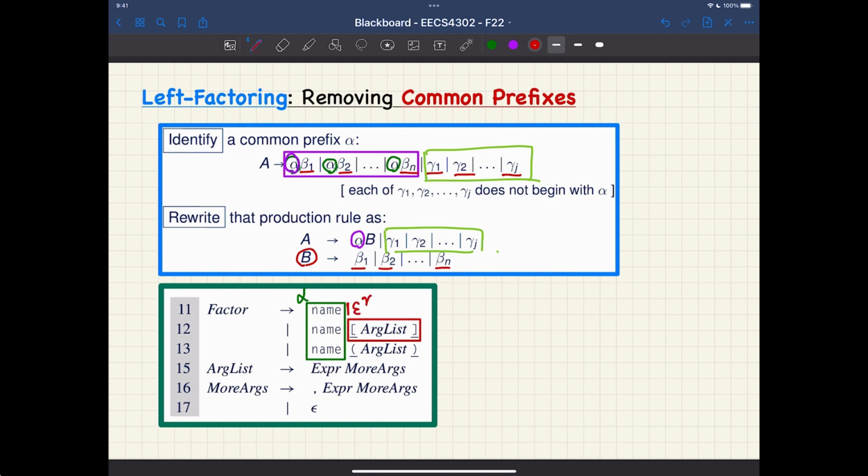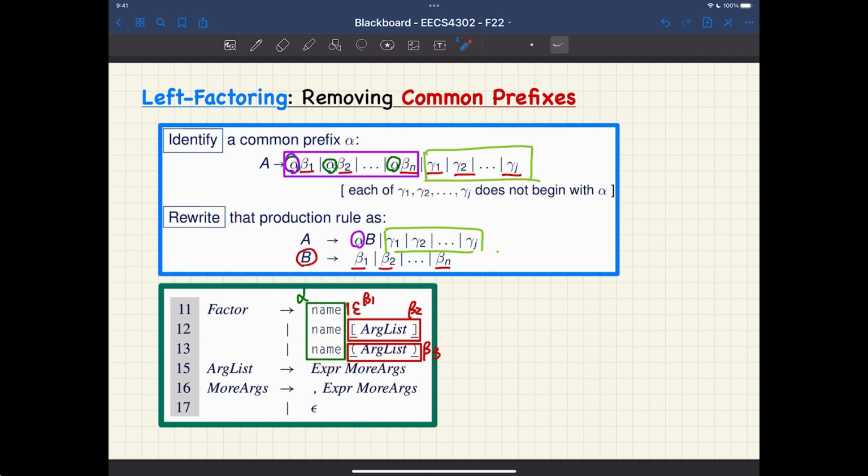This is like beta 1, beg your pardon, so this is like a beta 1, like a beta 2. And this part over here is beta 3. And actually, luckily, we don't have any gamma in this case. Every alternative over here simply starts with the common prefix. That's why we don't have any gamma.